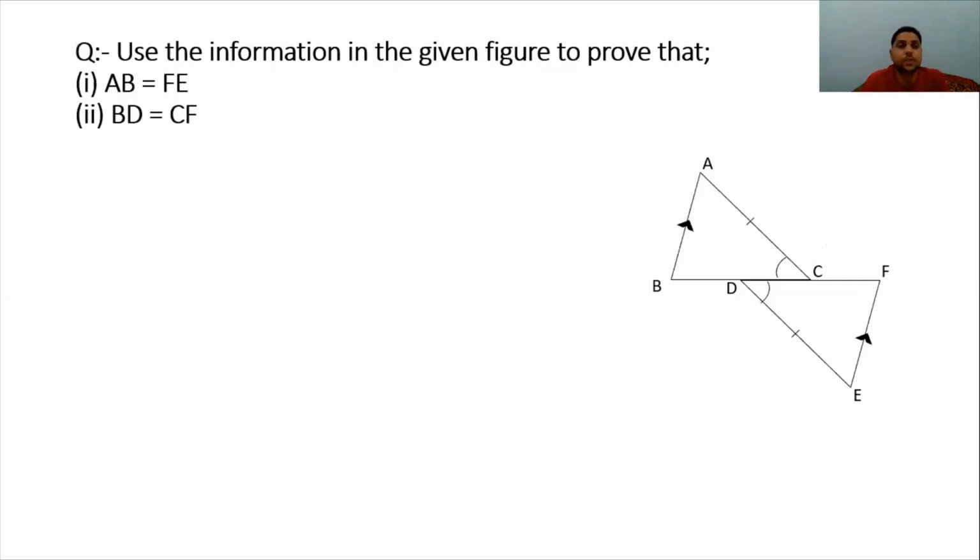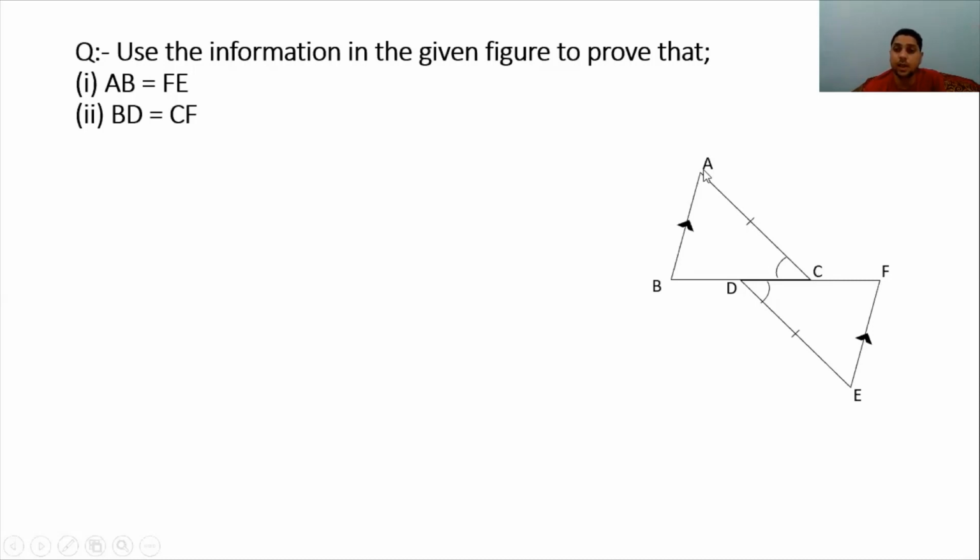Next, last question from this exercise. I have given two triangles here, triangle ABC and triangle DEF, and we have to prove that AB is equal to EF and BD is equal to CF. Which information is given? First, AB is parallel to EF.